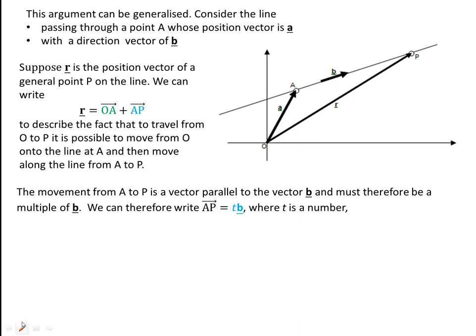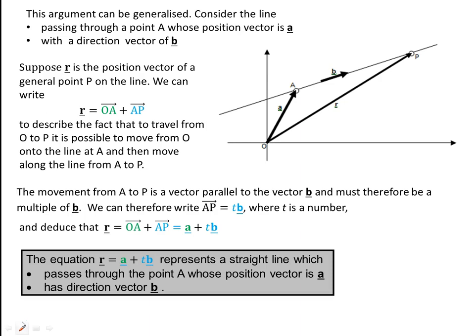So we've now got the position vector of the point P, that is r, is equal to OA plus AP. So that is little a, the position vector of the point on the line, plus t times b. So that's plus t times the direction vector for the line.